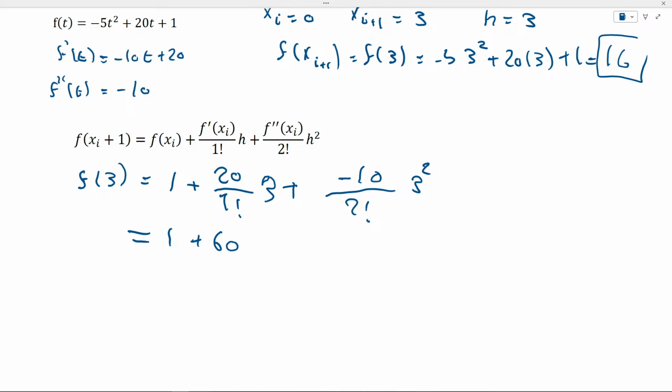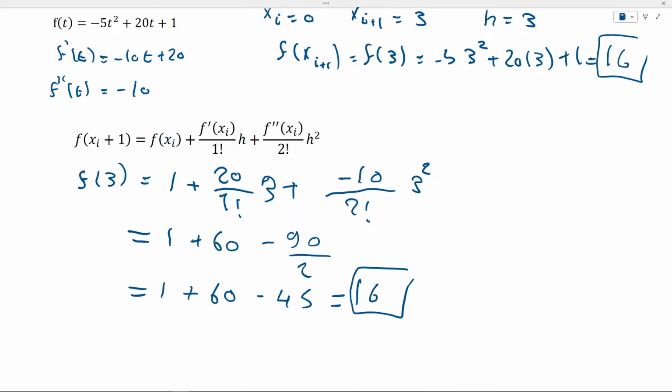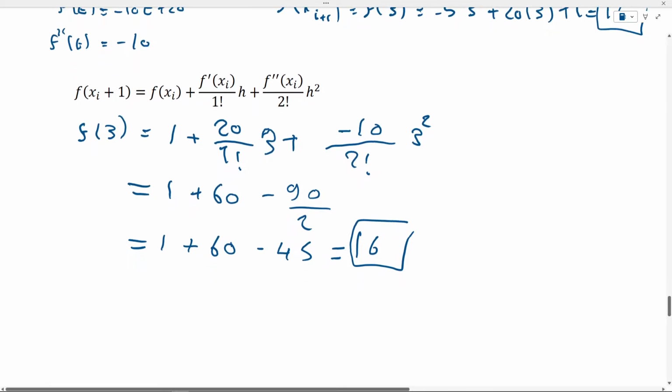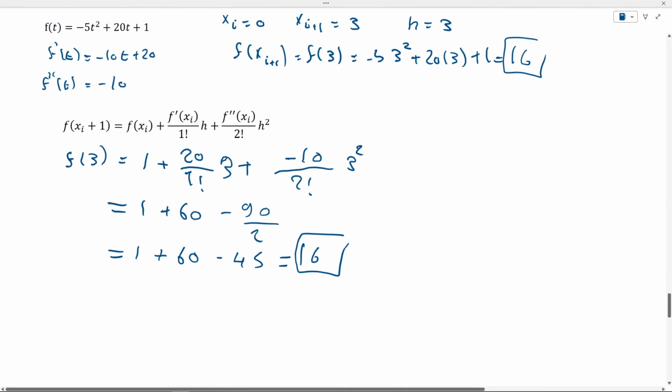And this is 9 times 10 over 2, minus 90 over 2. So I think I made the mistake here. So I get 60, and here I got minus 45. So this minus this will give me 16, exactly what I had here. So I had an arithmetic mistake. So I got the exact same answer, 16.